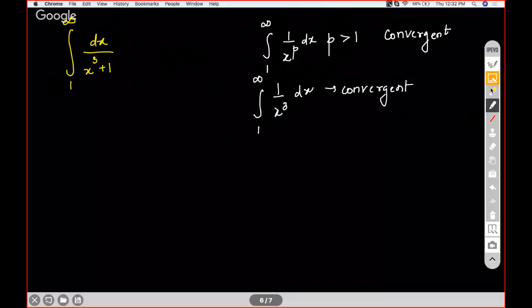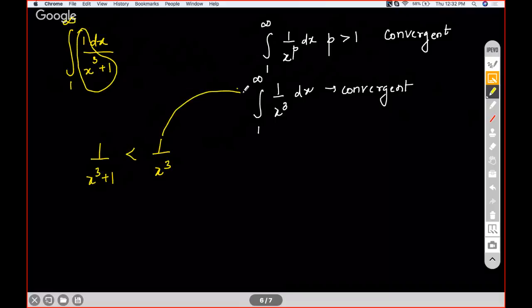And I can see here that it's lesser than the function. Absolutely, Aditya has got the pulse now. Now this is lesser than 1 by x cube because the denominator is heavier, correct? So if this integration is converging, even this integration will also be converging.